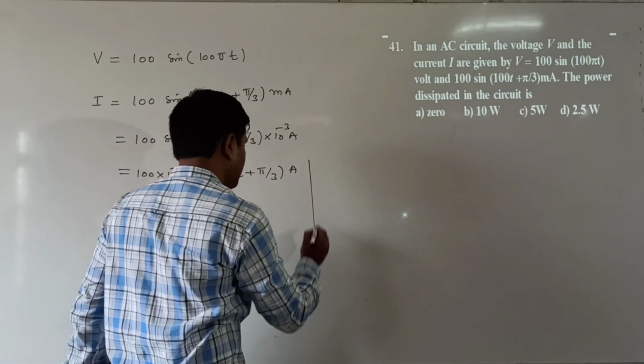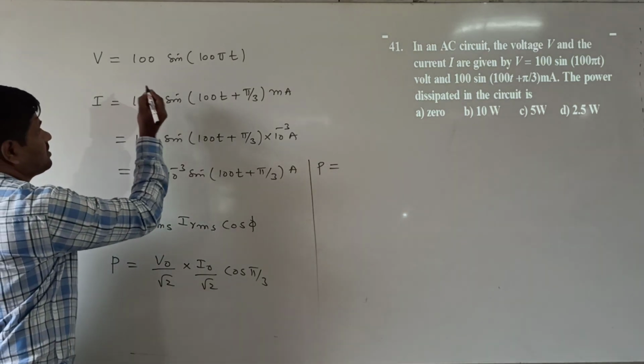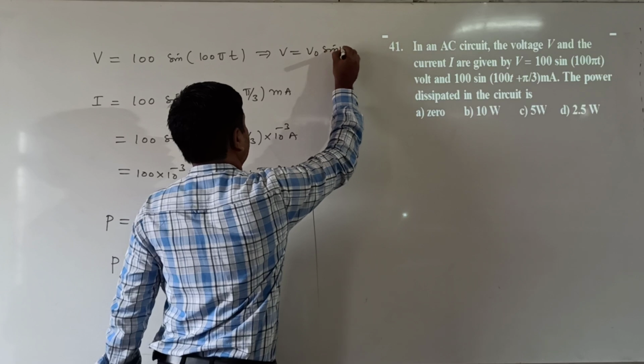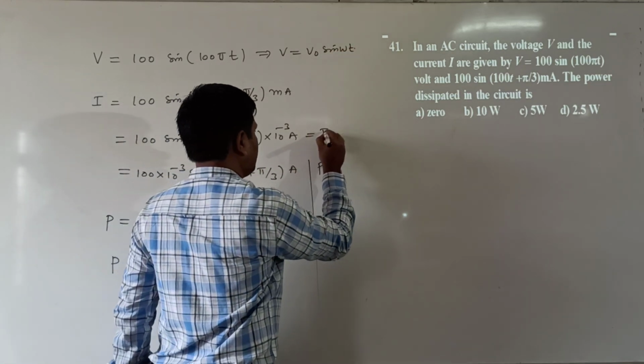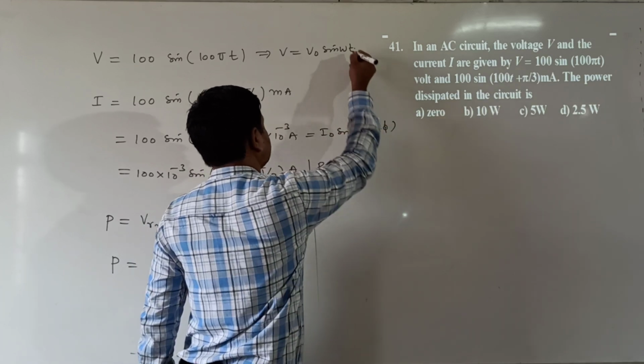Now P is equal to V naught into I naught. Comparing with V is equal to V naught sin omega t, and similarly I is equal to I naught sin of omega t plus phi, where phi is the phase difference between these two.